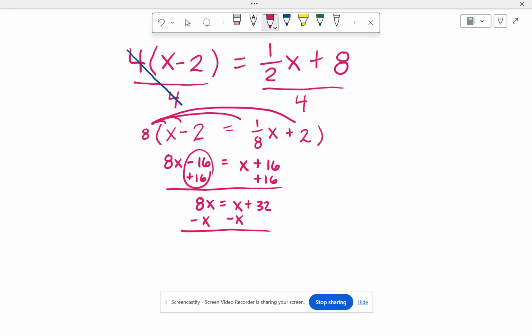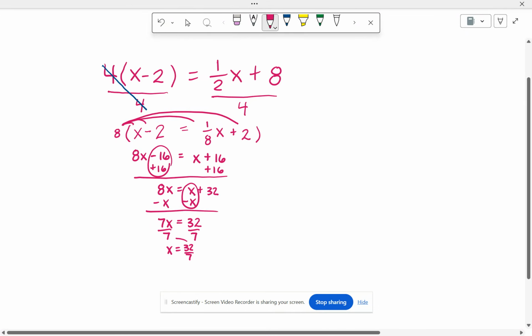So I'm going to subtract x from both sides, and I'm left with 7x equals, again I have a 0 pair here that cancels, 7x equals 32. 7 times a number equals 32, so if I'm thinking about my related division fact, then that number must be 32 divided by 7.